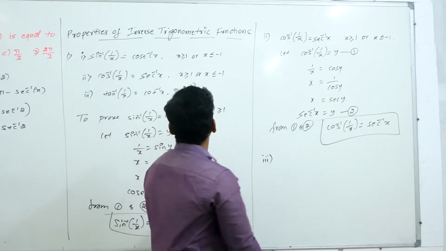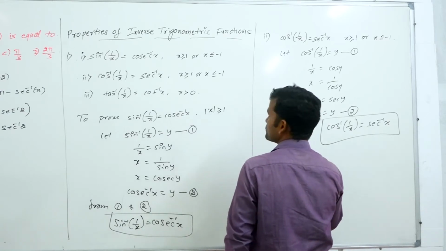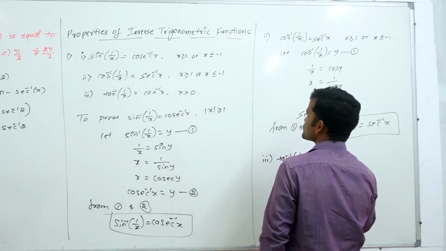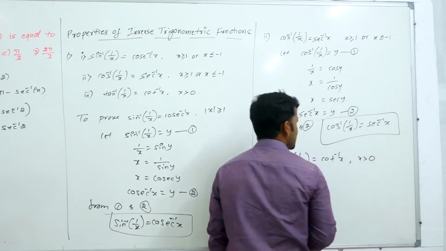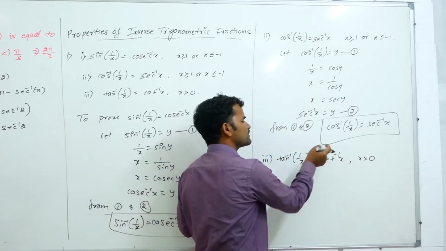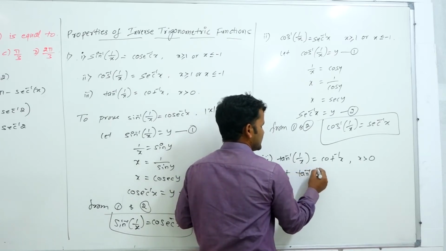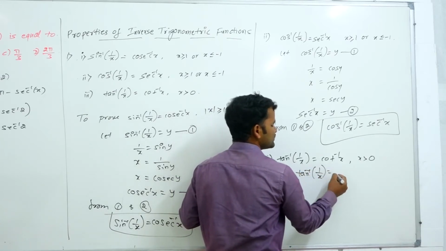Third one, tan inverse of 1 by x is equal to cot inverse of x with x values greater than 0. Tan inverse of 1 by x is equal to cot inverse of x. What you do? Let tan inverse of 1 by x is equal to y.